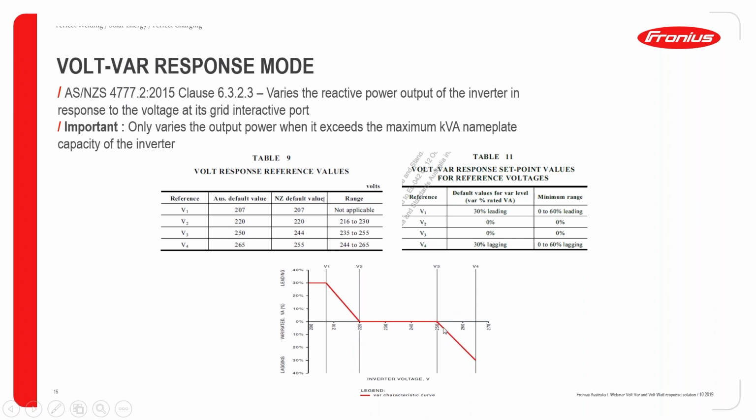So the voltage is rising from 250 all the way up to 265 to 270 at some sites. So in that case, if the voltage is going above 250 volts at the inverter terminals, the inverter will produce its power with a 30% lagging power factor, and it will act as an inductor.